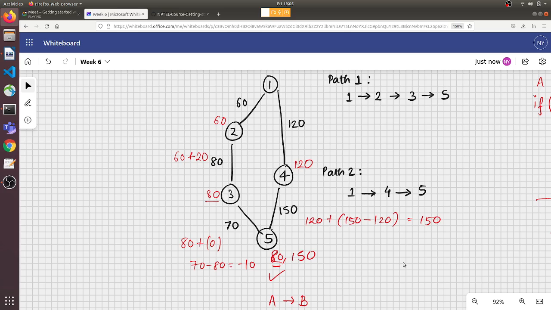If you take a longer path than the earlier one, like you went from 1 to A, then you take another edge A to B, your cost might not increase. It can remain the same, but it will never decrease. So it's still a monotonically increasing cost function, weakly monotonic, not strictly.